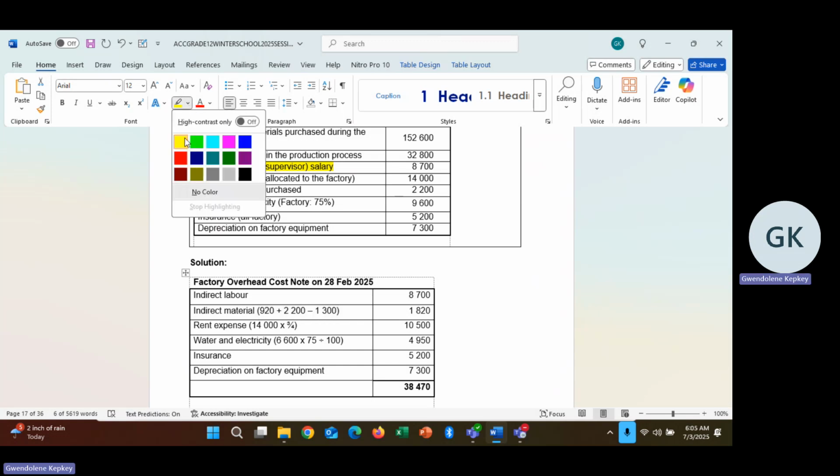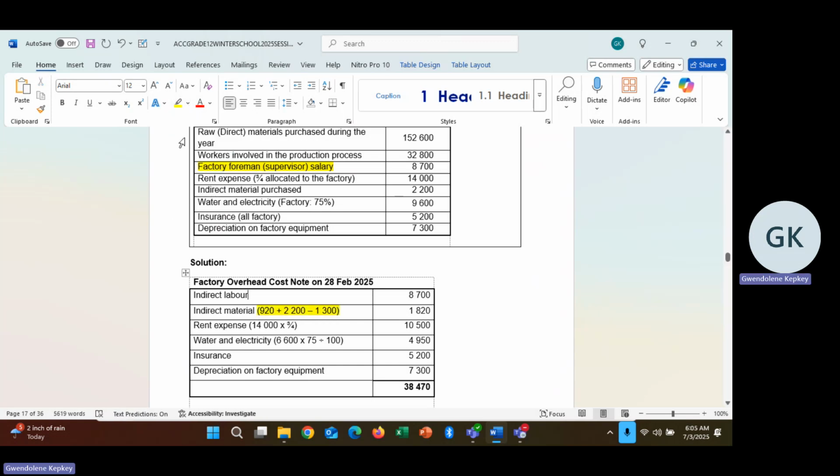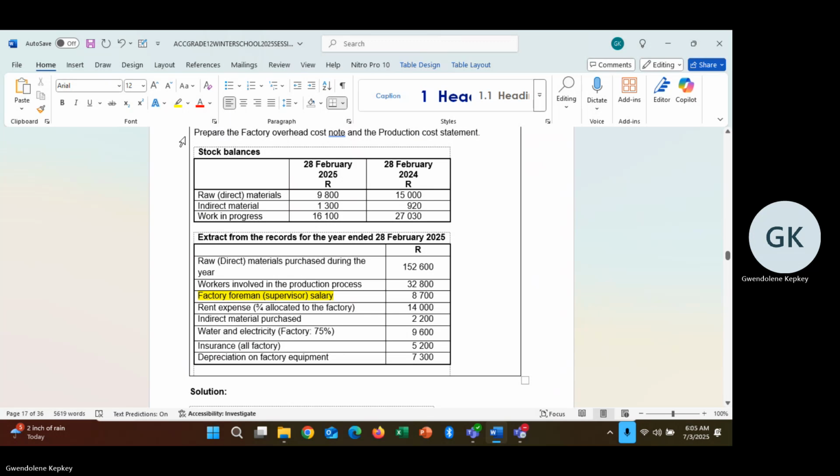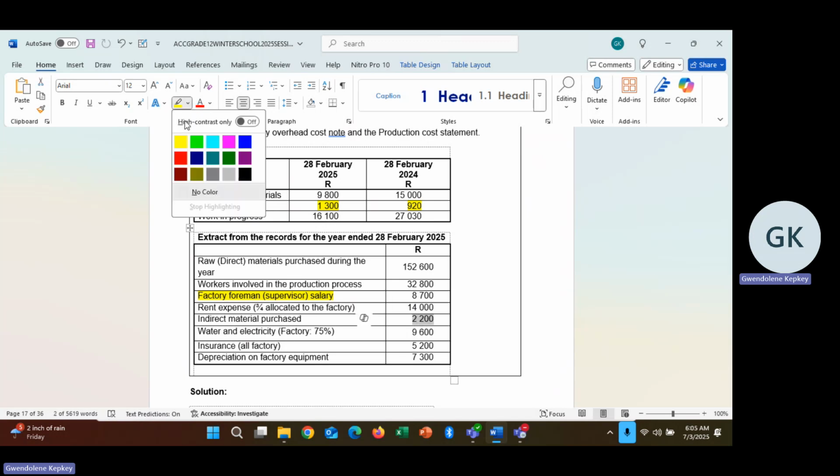My indirect material, there's a bit of a calculation involved there. So if I look at my indirect material, let's go to the top. In the beginning of the year it is 920. My indirect material at the end of the year is an amount of 1,300. My indirect material that I have purchased is 2,200 Rand.